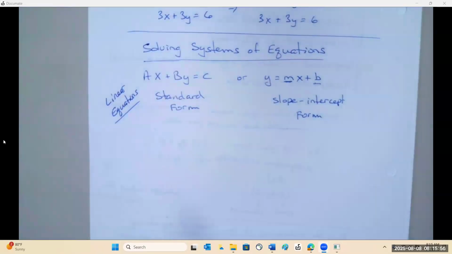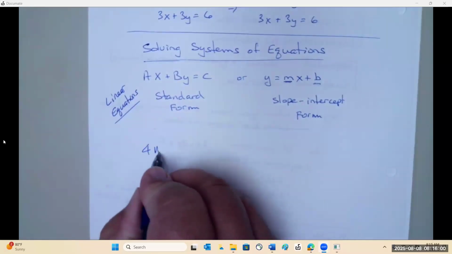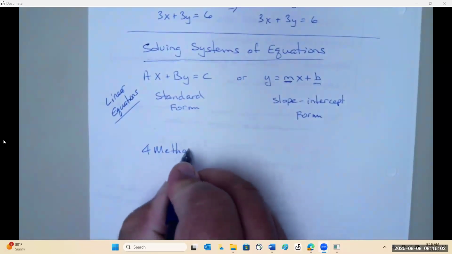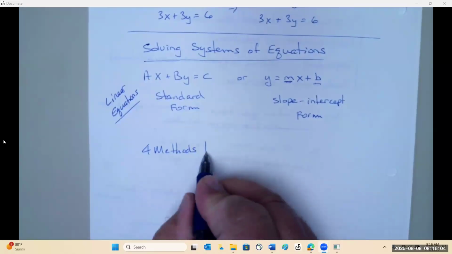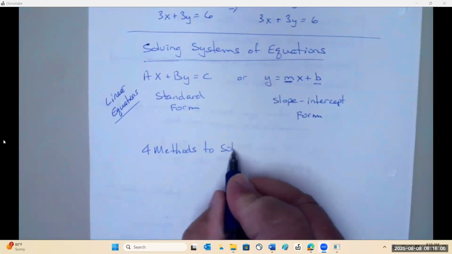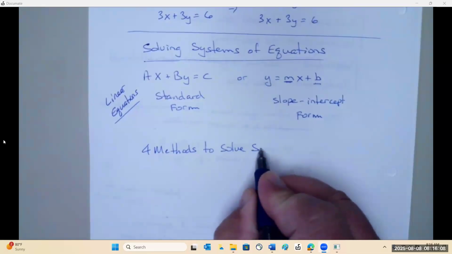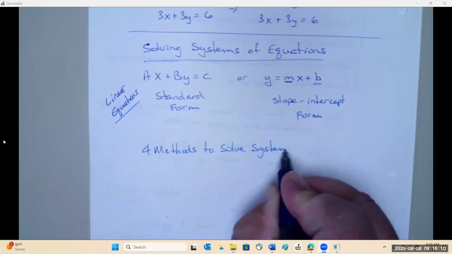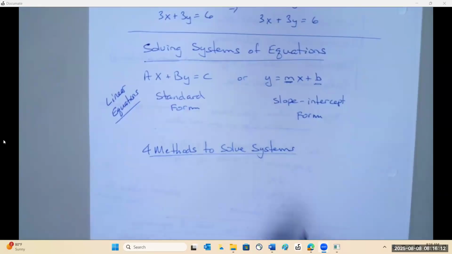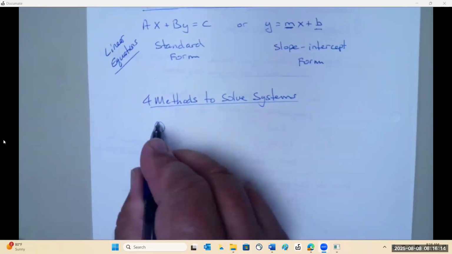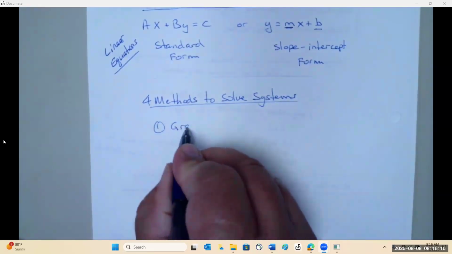Now, solving systems of equations, we have 4 methods. The first method is graphing.